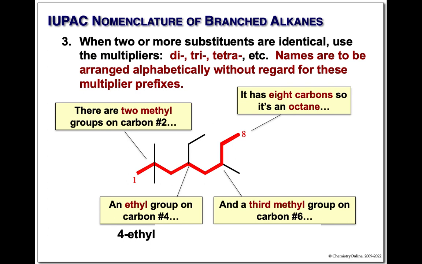Next, we have 3 methyl groups. 2 are on carbon 2, 1 is on carbon 6. We show that as a 2,2,6-trimethyl. Finally, all of this is attached to a chain of 8, so it's an octane. And that's our name.